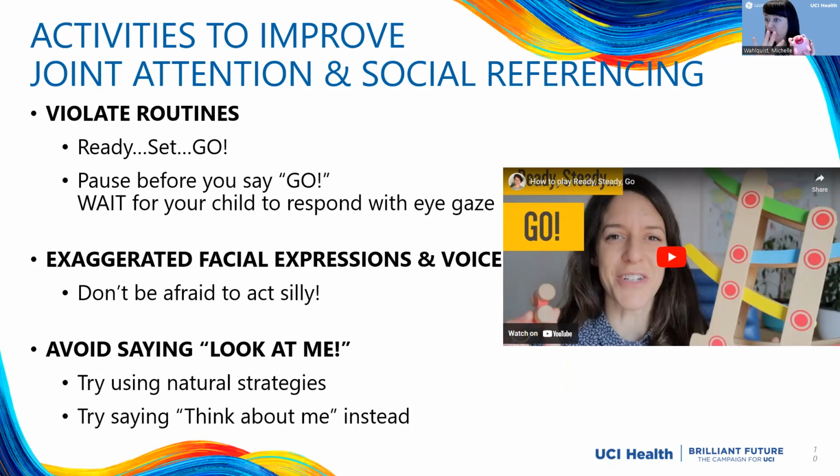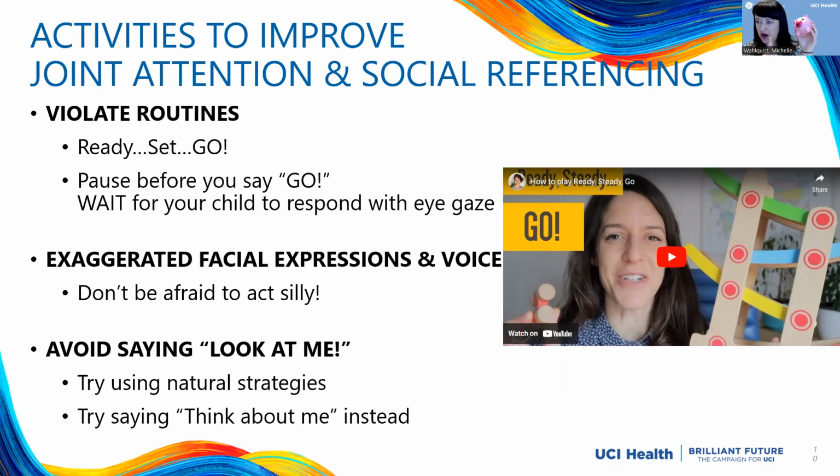Now, maybe the third or fourth time I do it, I'm going to violate the routine. So now the child is expecting me when I say go to squeeze the pig and have the tongue come out. But this time I'm going to do it differently. So I may hold the pig a little bit off to the side. And I'm going to say, ready, set, and then I'm going to pause.